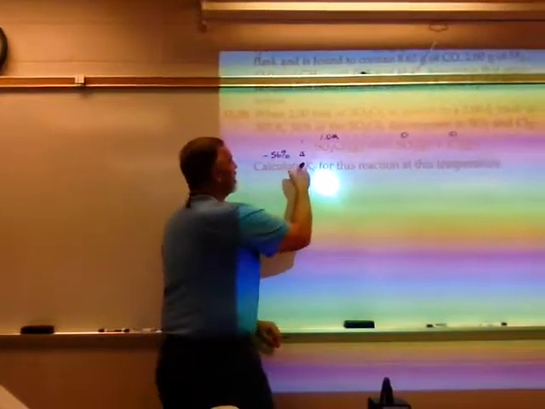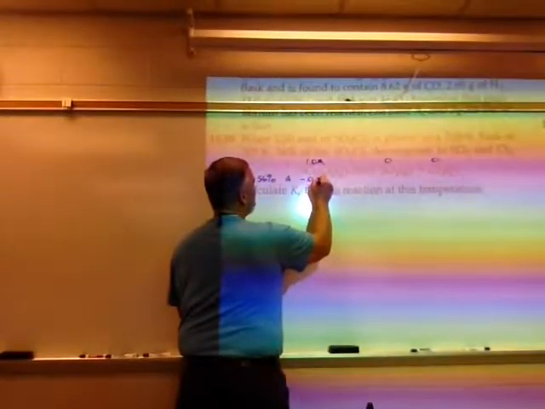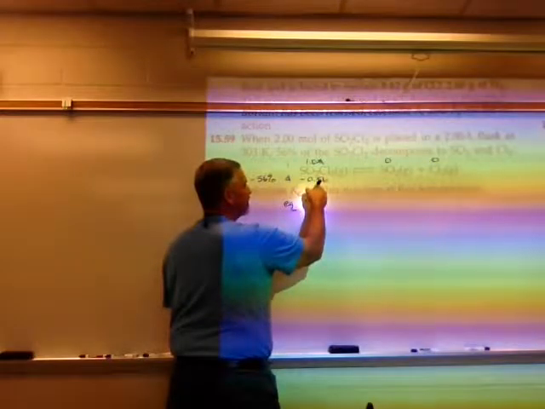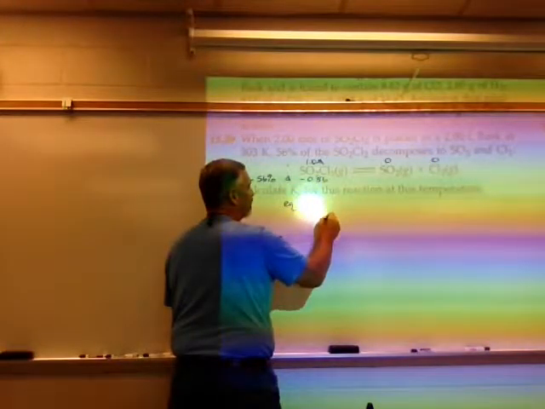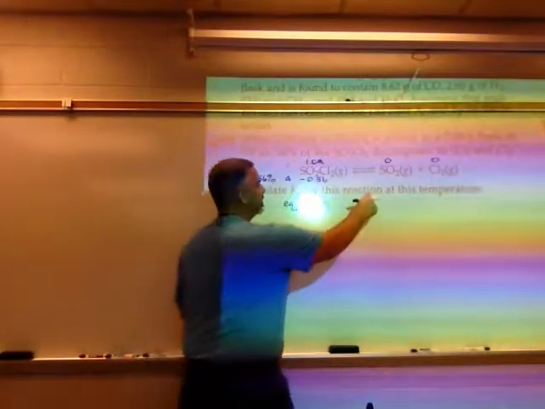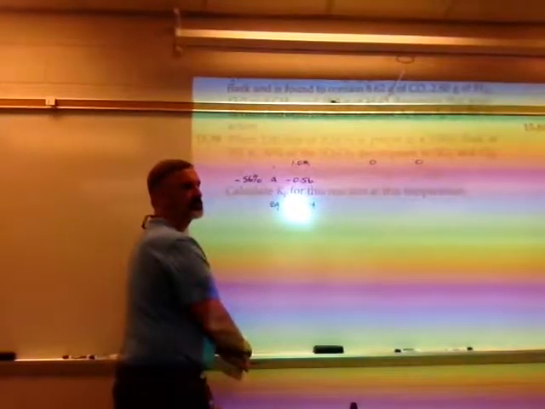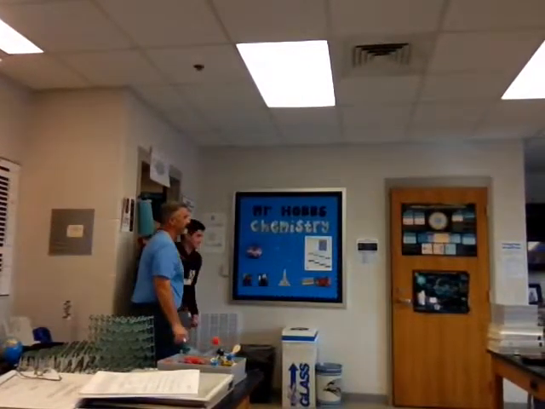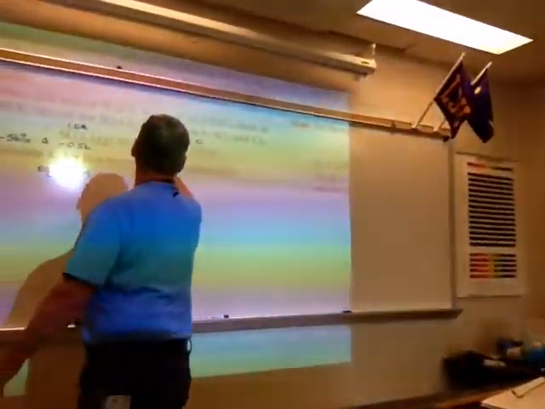Okay, so it's going to be minus 0.56. So at equilibrium, our concentration of this is going to be 0.44. What's this going to be? This is going to be what?